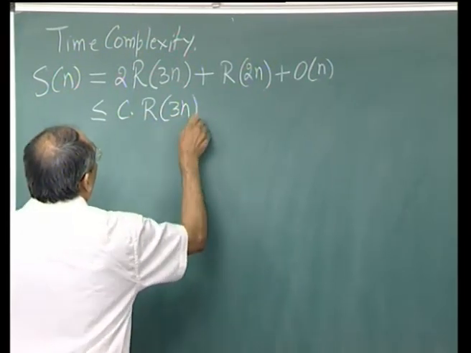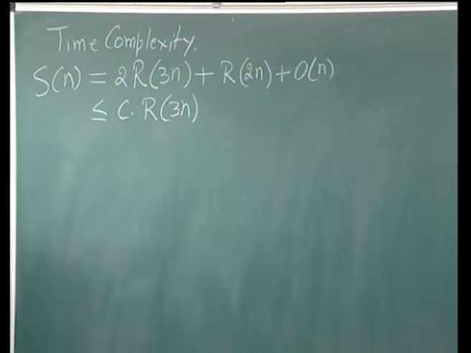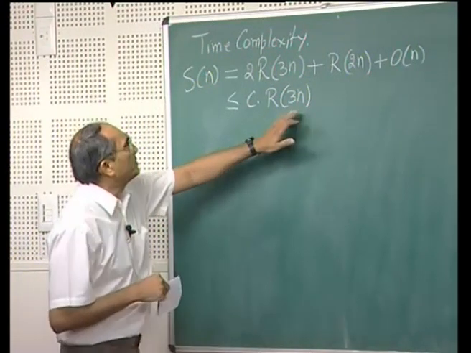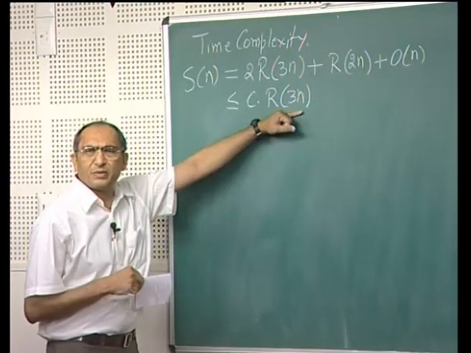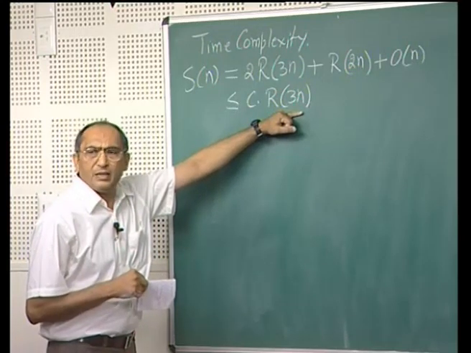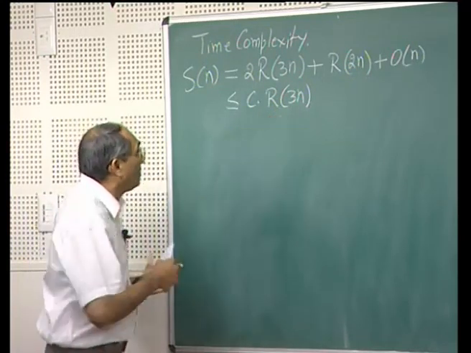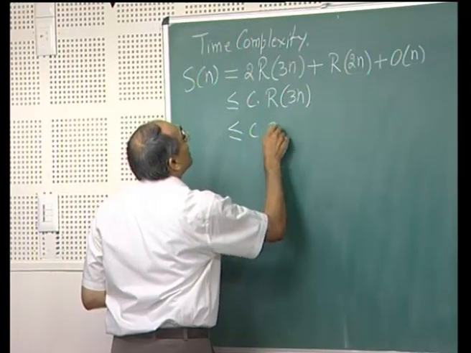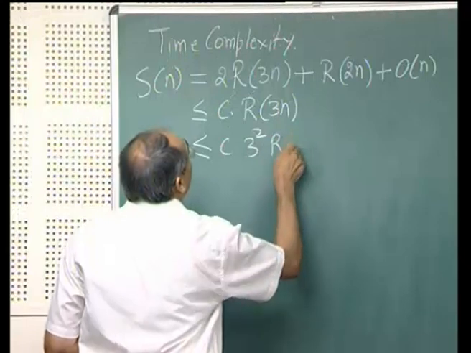Okay. The fact that you can always do in a longhand division, you can always do in order n square. So, we know that this is no more than C times 3 square R of n.